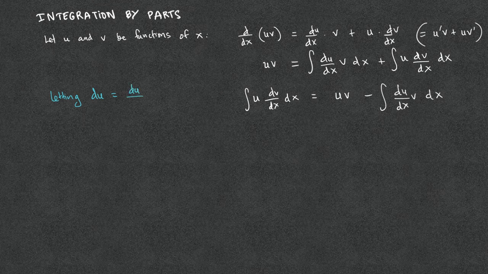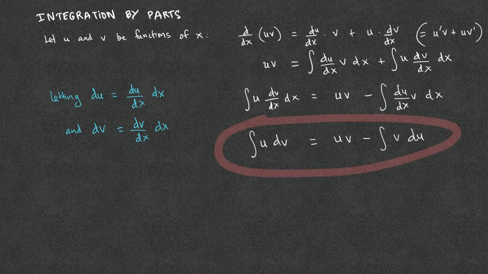Letting du equal du/dx dx and dv equal dv/dx times dx, note that we can treat these differentials as fractions. The dx cancels out. Then the integral of u dv equals uv minus the integral of v du. This is called integration by parts.